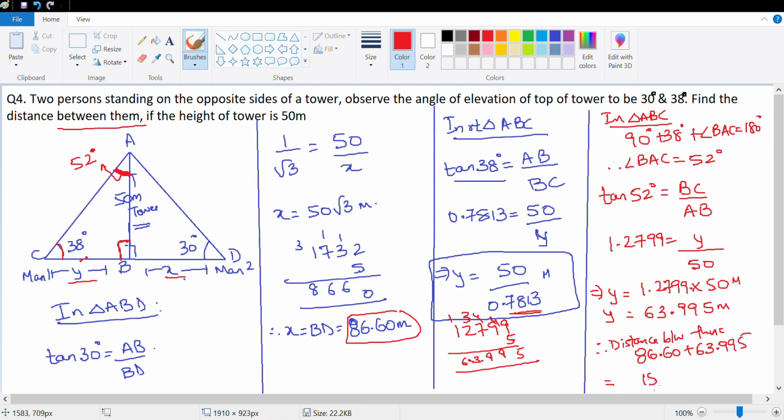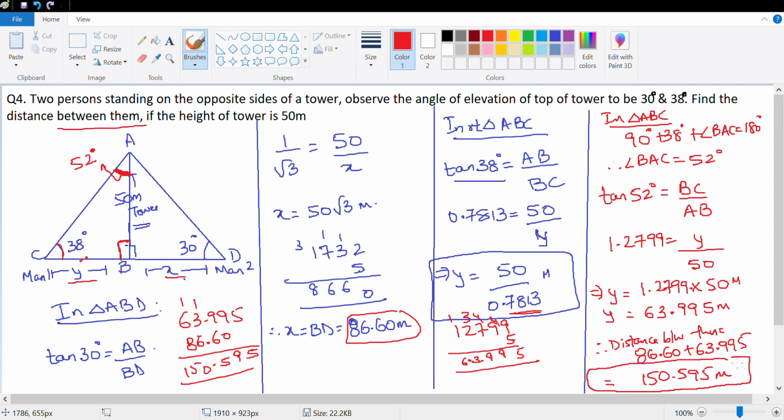Let's just do the calculation. 63.995 and 86.60. That'll be 599 plus 6, 15. That'll be 10, that's 50. 150.595 meters. That's my final answer.